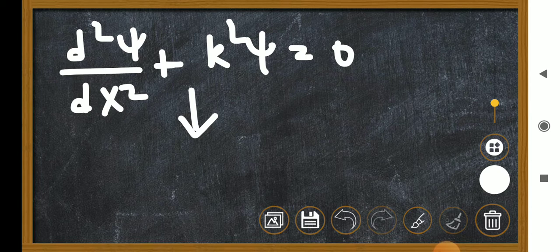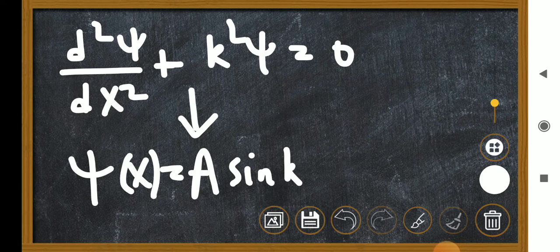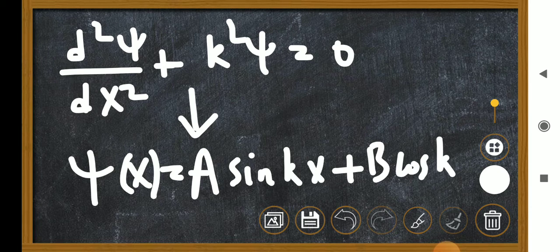This particular harmonic equation has a very generalized solution, and this generalized solution can be written as psi of x equals A sin kx plus B cos kx.